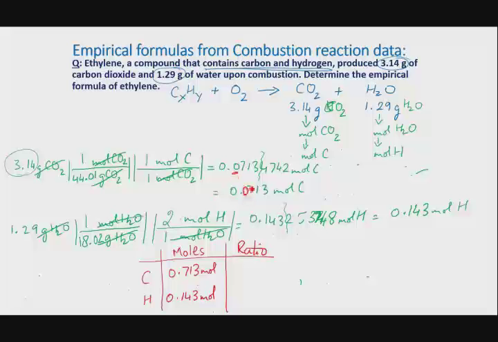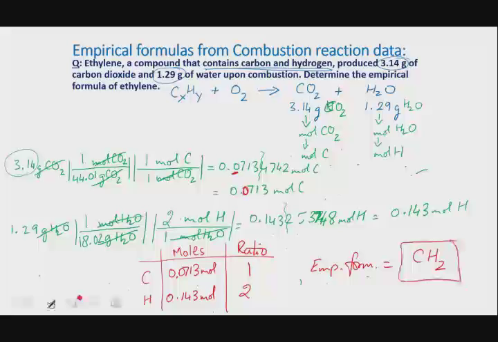Yes, there is a 0 there. So this is 0.0713. My mistake. Okay, so we figure out the ratio by dividing each of the moles by the smaller one. The smallest, of course, is moles of carbon, so we get the ratio rounded to a whole number, 1:2. If that is the case, the empirical formula for this compound equals CH2.